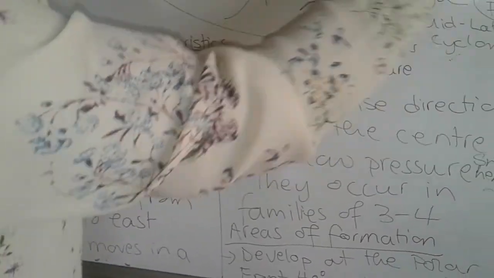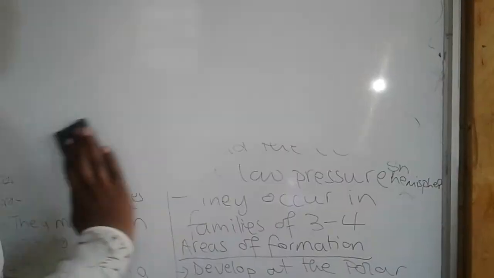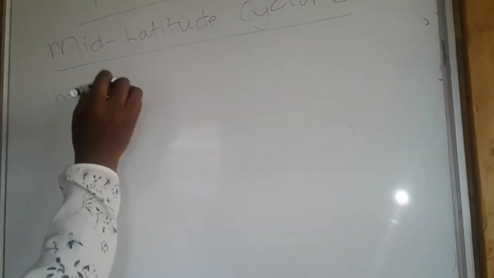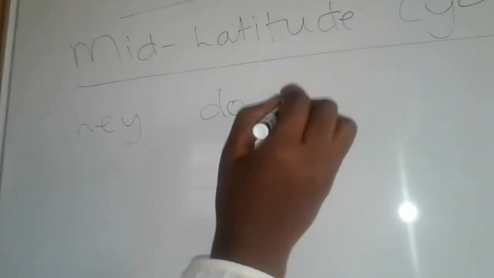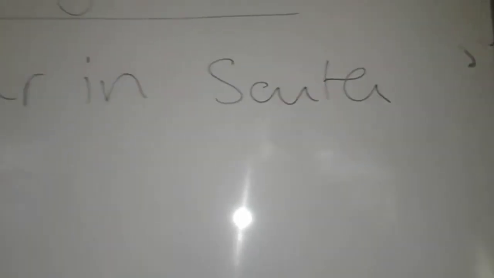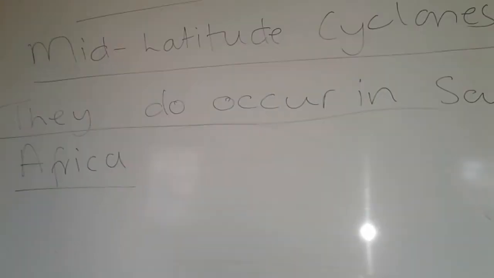And why do we look at these mid-latitude cyclones? Why do we look at them? They do occur in South Africa. That's one thing you should note. And which part of South Africa?